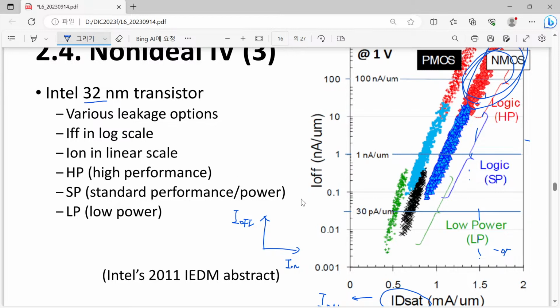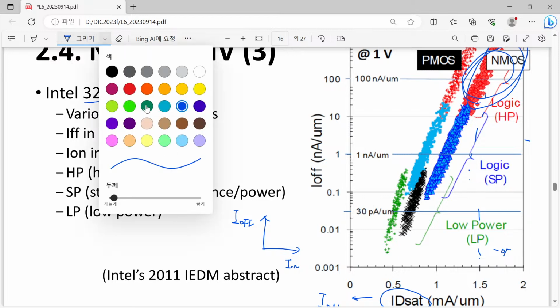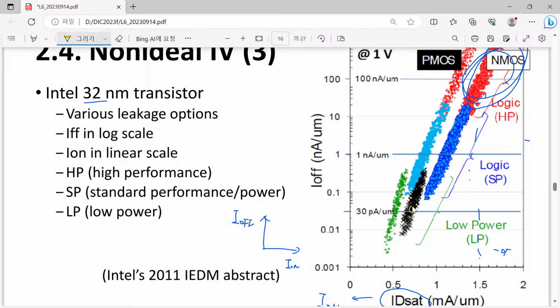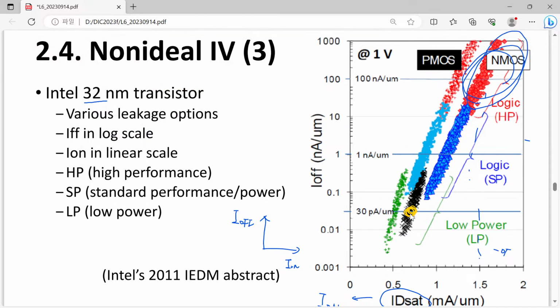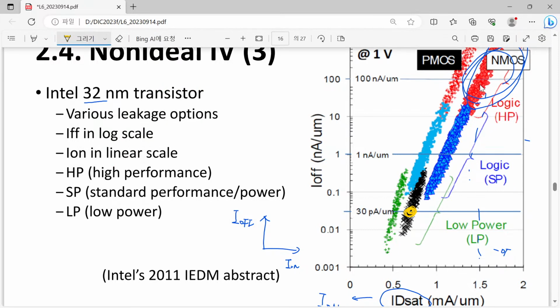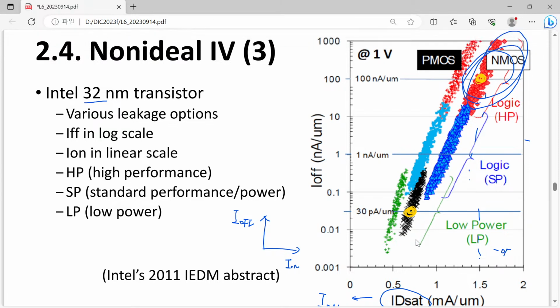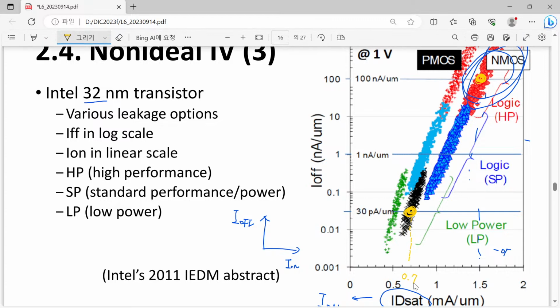So simply speaking, think about two different cases. I mean that this is really interesting. Let's take certain nominal values of your low power option and nominal values of your high performance option. Your on current is in this case, in this scale, about 0.7.